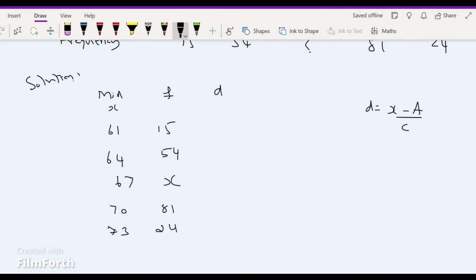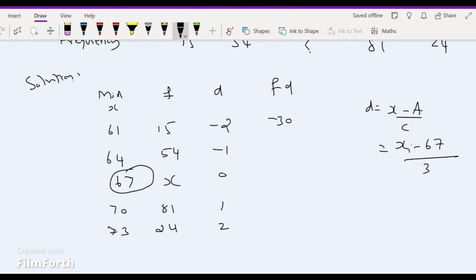Let us assume 67 is A. So 61 minus 67 divided by 3: minus 6 by 3, minus 2, minus 1, 0, 1, 2. So fd is minus 30, minus 54, 0, 81 and 48.